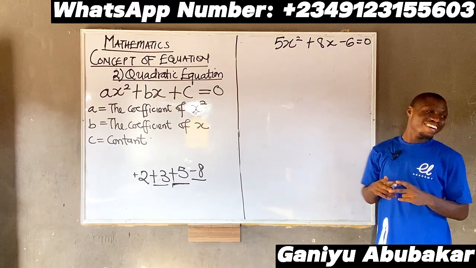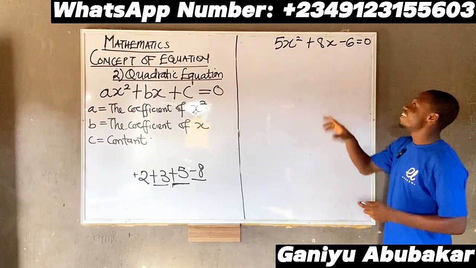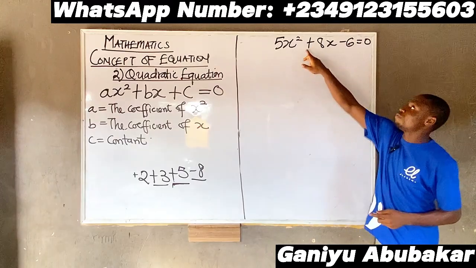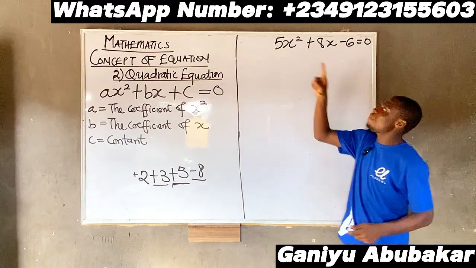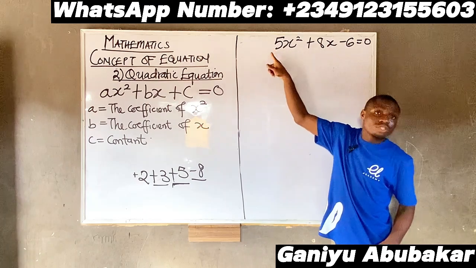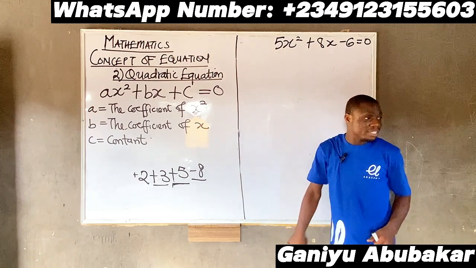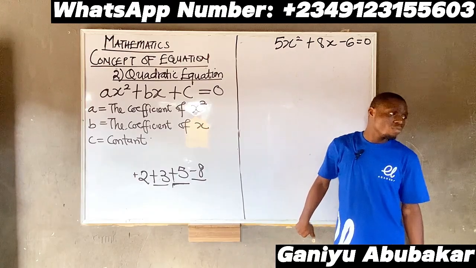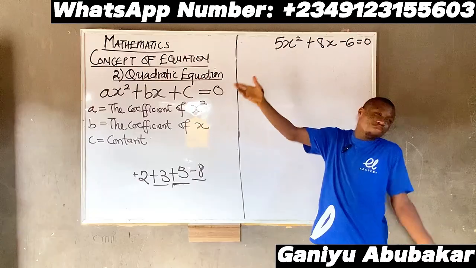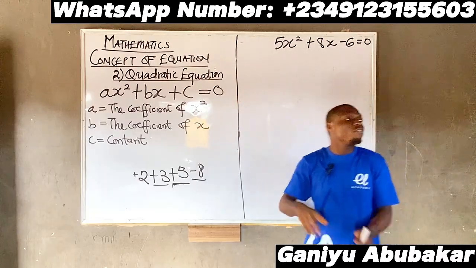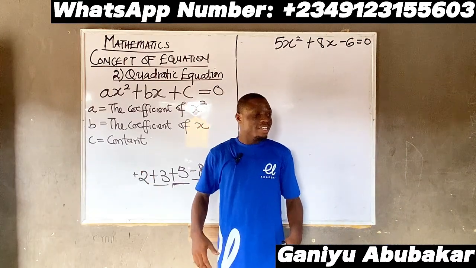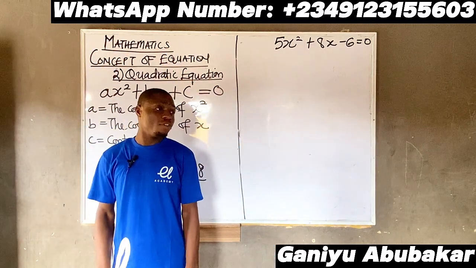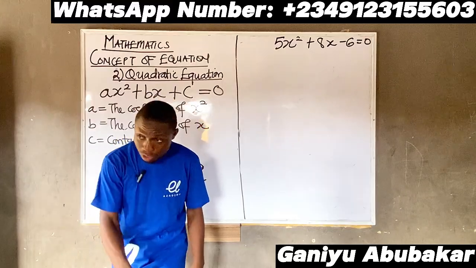For 8x, the sign in front is plus. Any number that stands on its own like this, without a negative sign there, means there is a positive plus in front of it, and they usually don't write it.